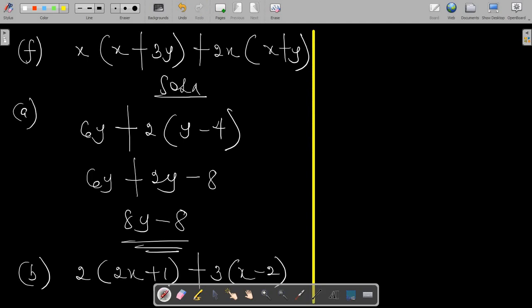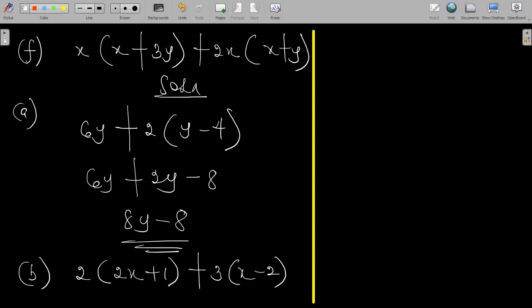So let's kick on. We have here 2 times 2, it's going to give us 4x. Then plus 2 times 1, we have it to be 2. Then plus, now look at this one, 3 times x, we are going to have it to be 3x. Then 3 times 2. Don't forget, plus times minus, we have it to be minus.